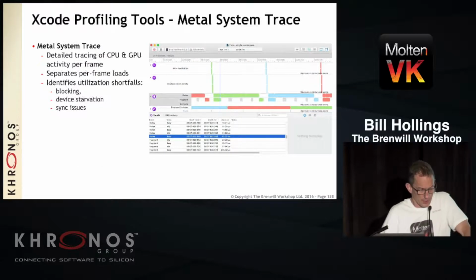Another tool that's out of the Xcode tool belt in terms of Metal is Metal System Trace. And what we see here is actually a trace of the fish tornado demo. Each of the red, green, and blue blocks represents a single rendering frame.